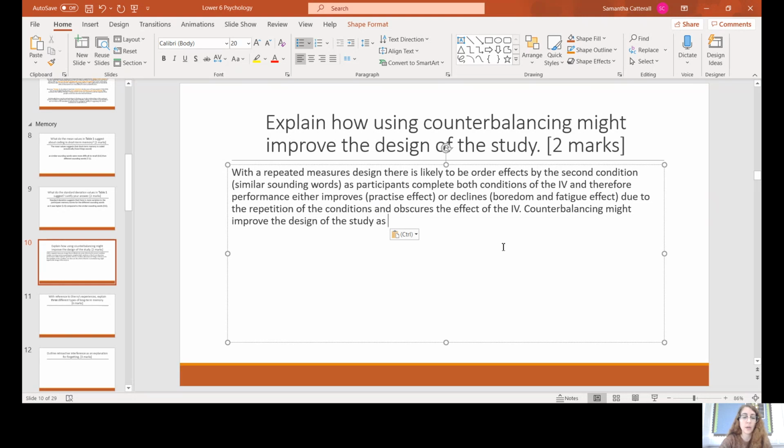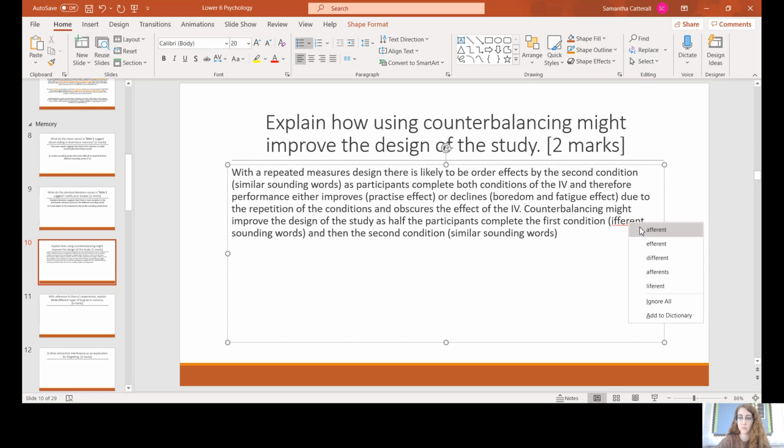Counterbalancing might improve the design of the study as half the participants complete the first condition and the second condition, and half the other way around.